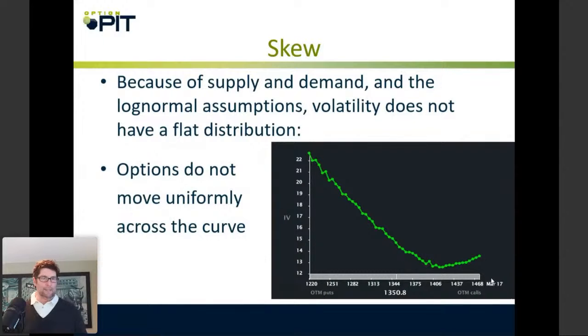But that's not actually how volatility trades. It prices puts more below, so it's already charging you more for puts at the bottom and generally charging you less for calls that are just out of the money. So the market is already adjusting for the assumptions.